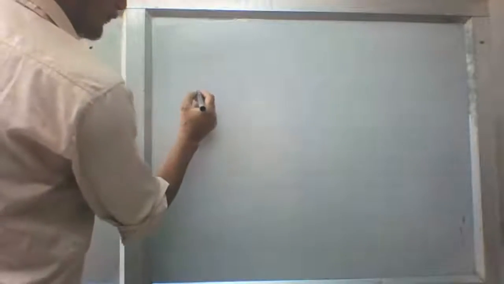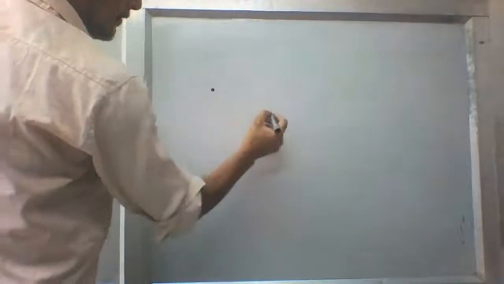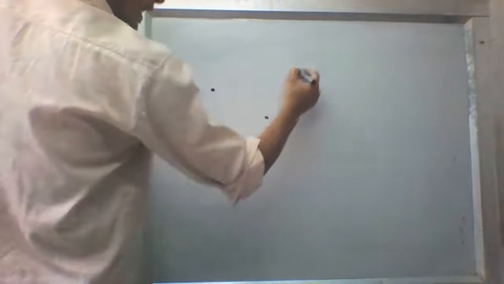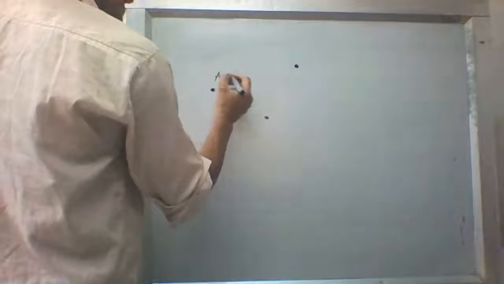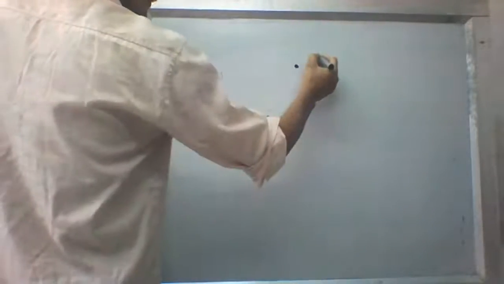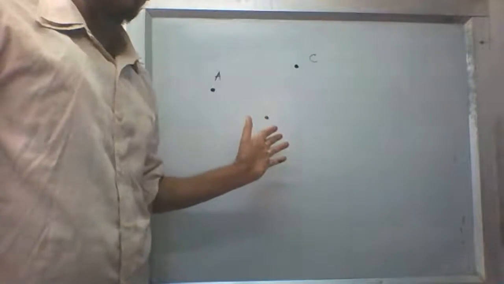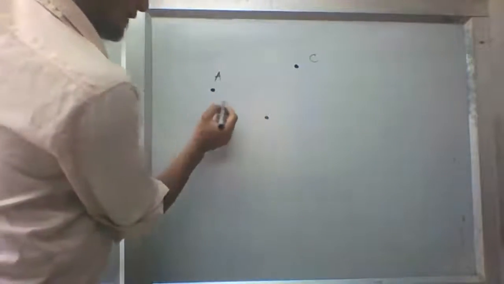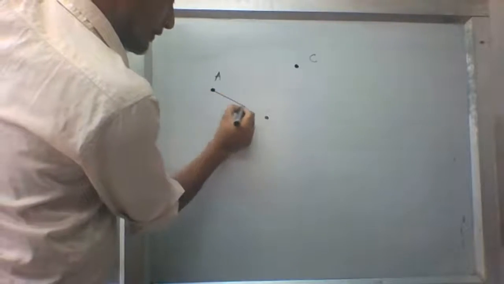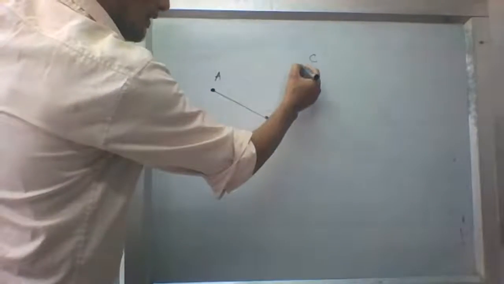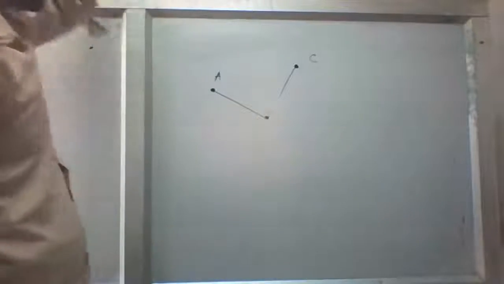It means if one point is here, one point is here, and one point is here. This is the point A, this is the point B, this is the point C. Now, these are 3 points which are non-collinear. So you join them together, A to B and B to C.